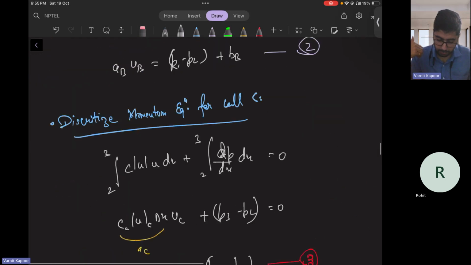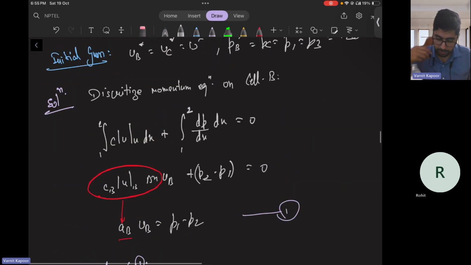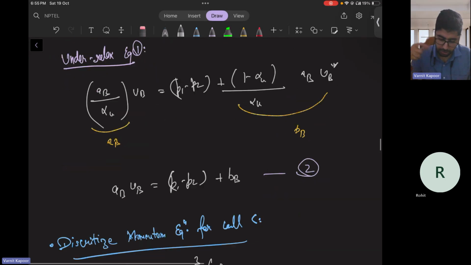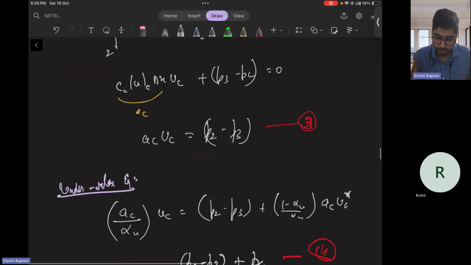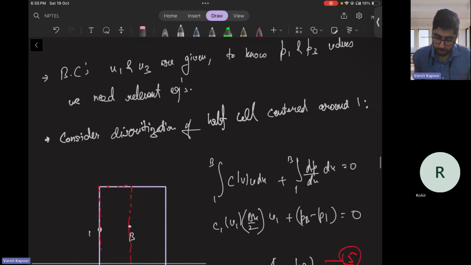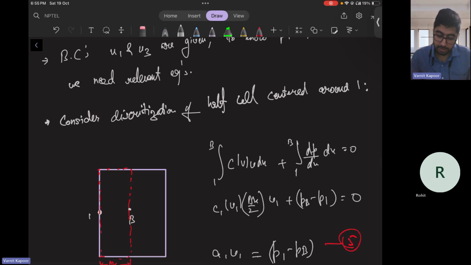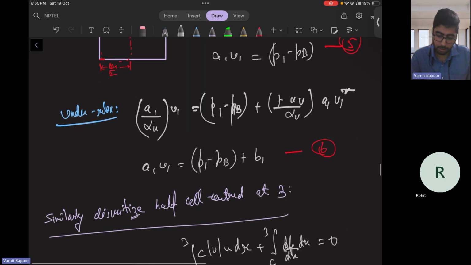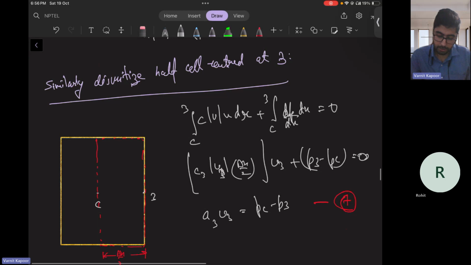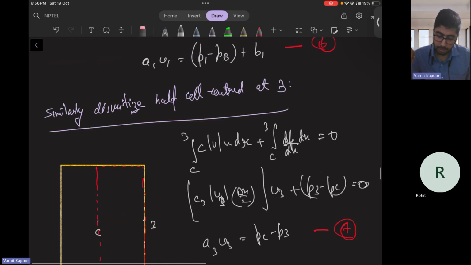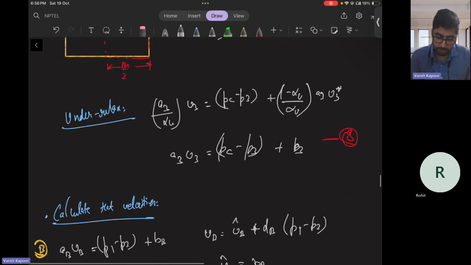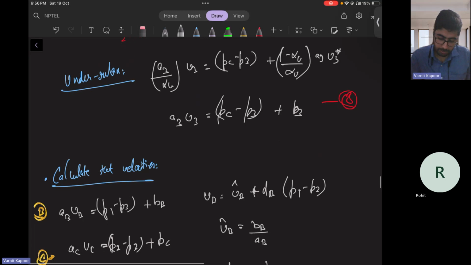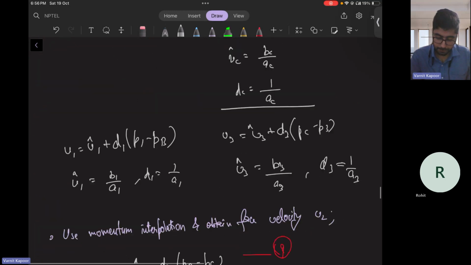In this question, you first discretize on cell B, then you under-relax it. Similarly for cell C, and under-relax it. Then you consider the discretization of the half cell centered around 1, and again under-relax it. Same thing you do for the cell centered at 3 as well. Then you under-relax and calculate the hat velocities.